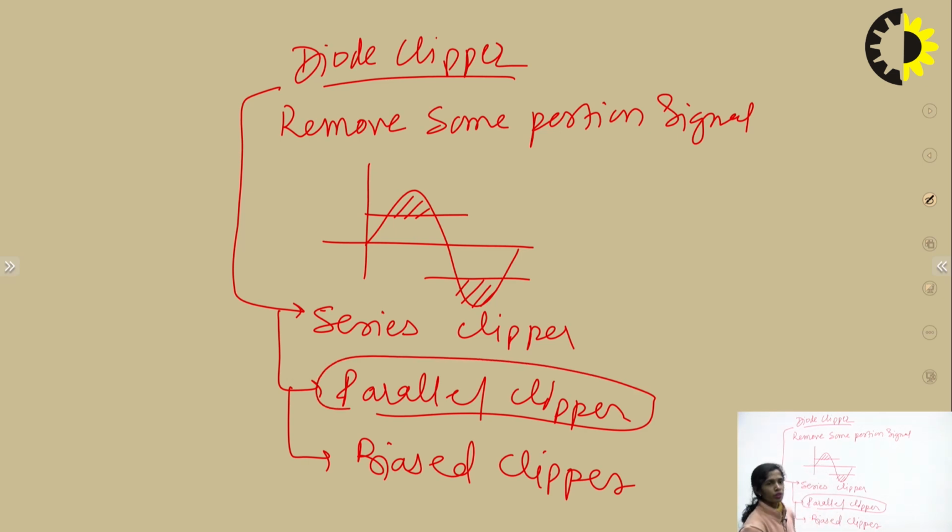In the previous video lecture, we had seen the series clipper circuit and its different configurations with the help of biased clipper circuits. So in this also, we are going to see the parallel clipper circuit in different biased clipper circuit arrangements also.